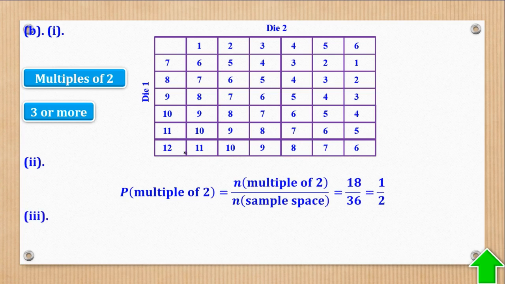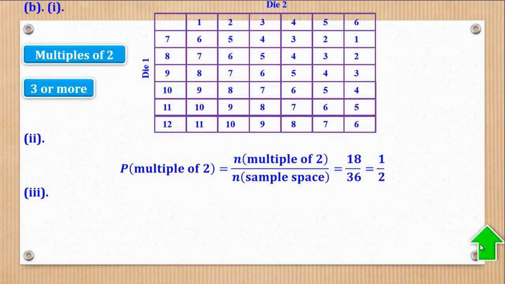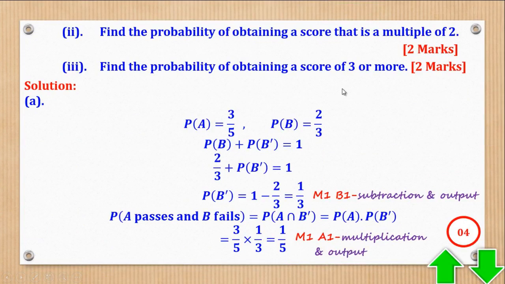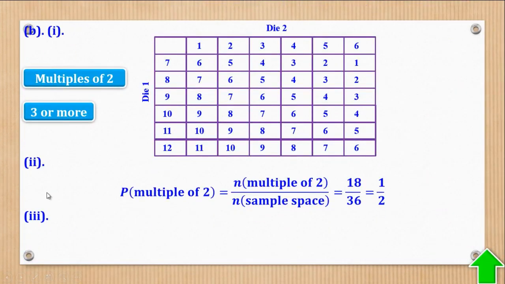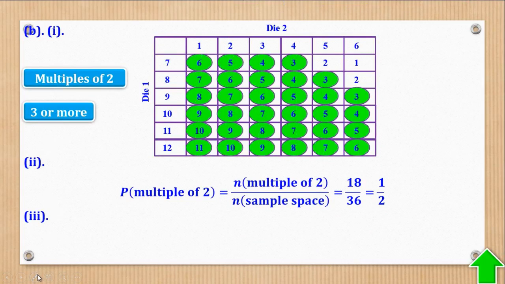That was Roman 2. Roman 3, they wanted the probability of finding a score of 3 or more. So score of 3 or more, all those ones are needed from 3 and above. Okay, let's start.